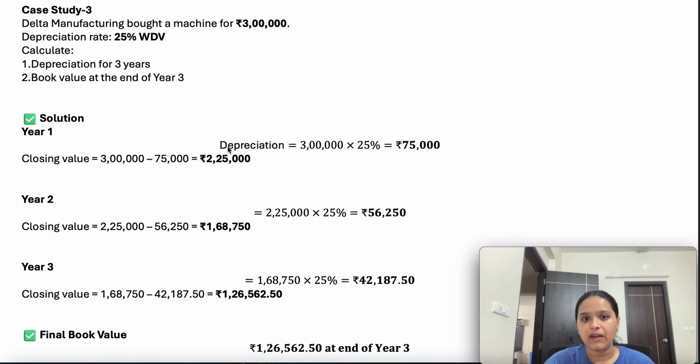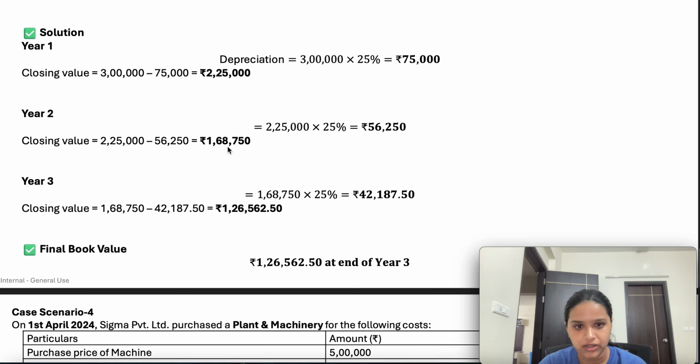In the second year we have to calculate the depreciation on 2,25,000. And third year on a similar basis we have to calculate the depreciation on the closing value of the second year. So through this WDV will work. So as I said, every time in WDV at the initial stage the depreciation charge will be higher and it will be reduced at a later stage.